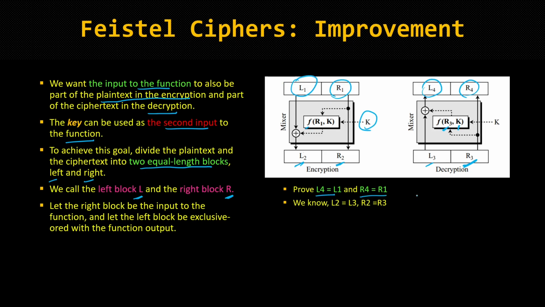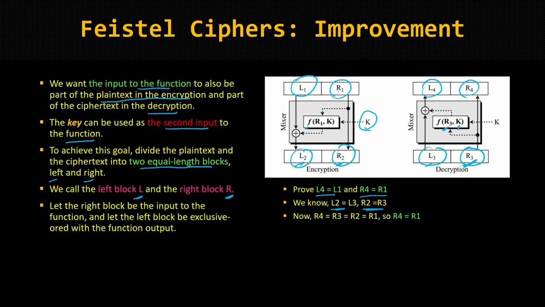So we already know from the encryption and decryption process that L2 is equal to L3, and R2 is equal to R3. Now we see from our decryption process that R4 is equal to R3, and R3 is equal to R2, and R2 is also equal to R1.